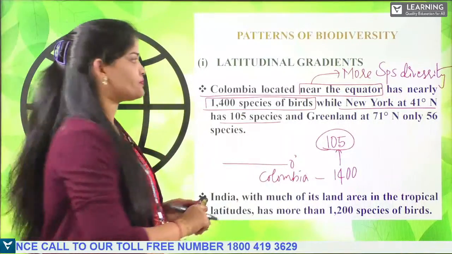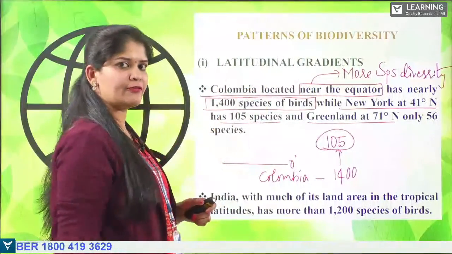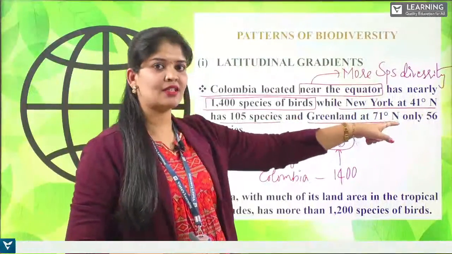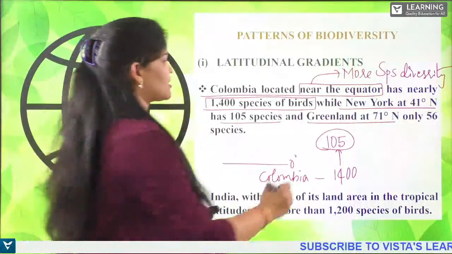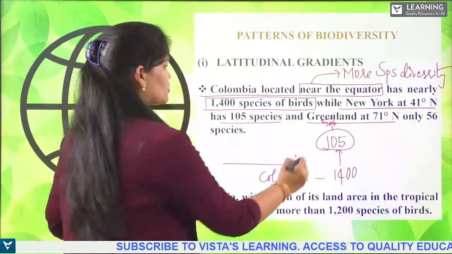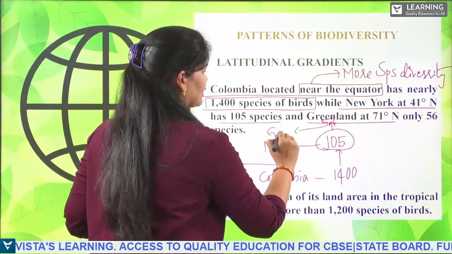And Greenland, again we are moving closer towards the north itself, that is 71 degrees. Here it is much reduced to 56 species. So this is in Newark and this is in Greenland.